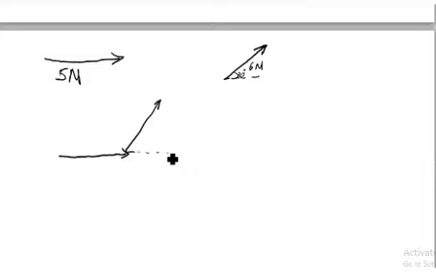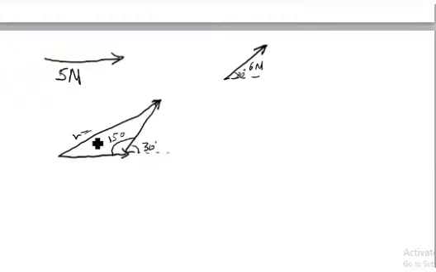The angle here is 30 degrees, so the supplementary angle here is going to give you 150 degrees. So you can draw a line from here to here to give you the resultant vector.